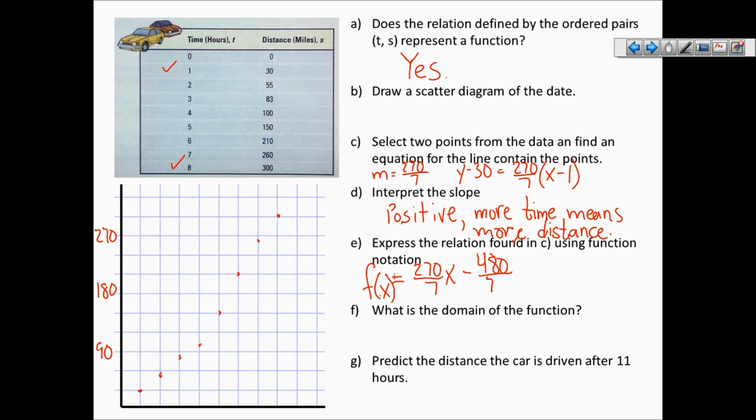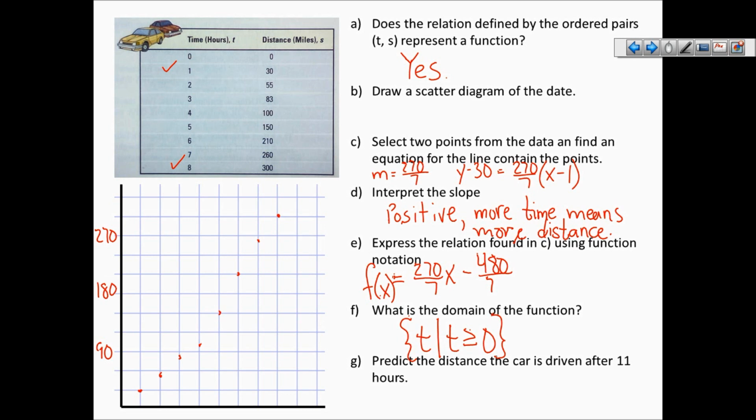Can we have big values for time? Sure, we can have 24 hours, 48 hours. We can have weeks and weeks and weeks. What we can't have is negative time. It's even included in our table.